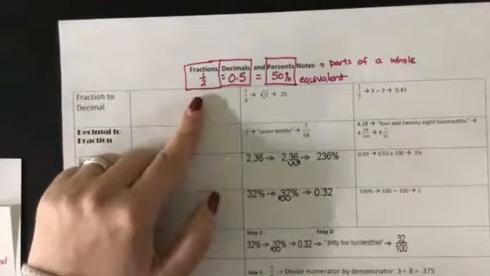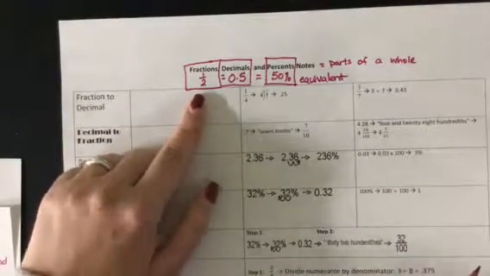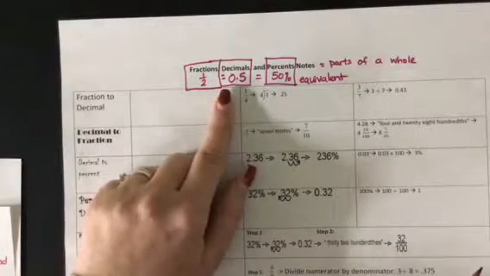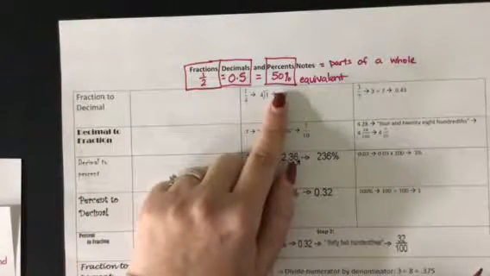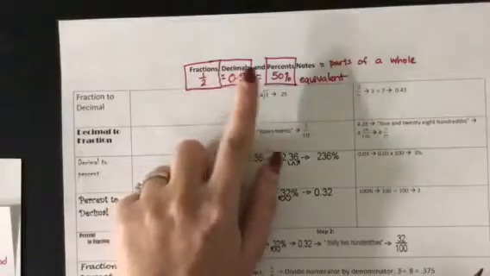Okay? So if I get a 1 out of 2 on a quiz, that's the same thing as getting 5/10 on a quiz, which is the same thing as getting a 50% on a quiz. So all of these are equal.